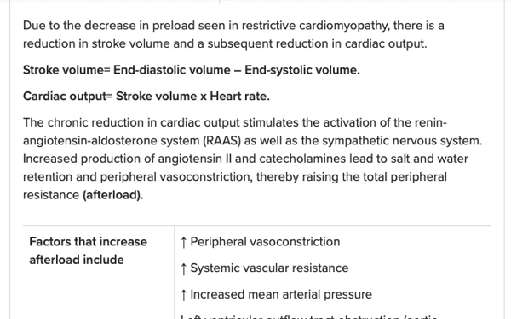These increase the production of angiotensin II and catecholamines, leading to salt and water retention and peripheral vasoconstriction, thereby raising the total peripheral resistance, or afterload.